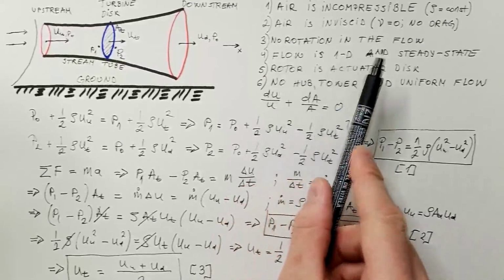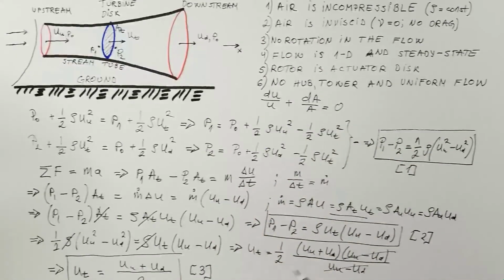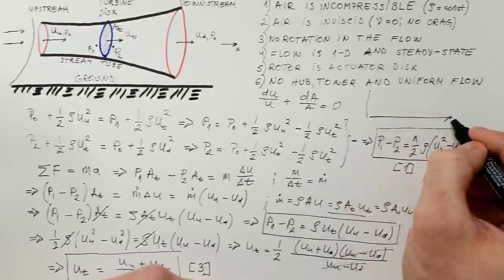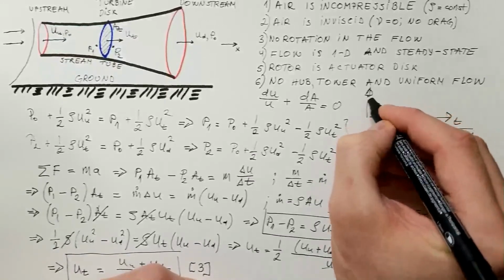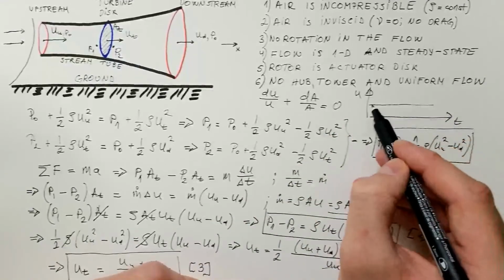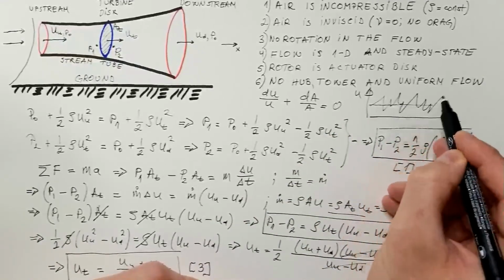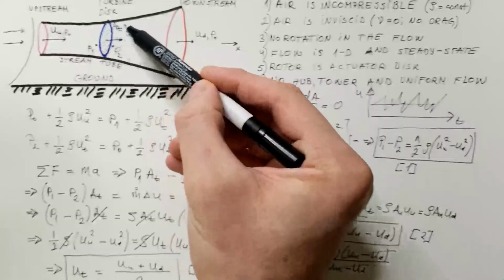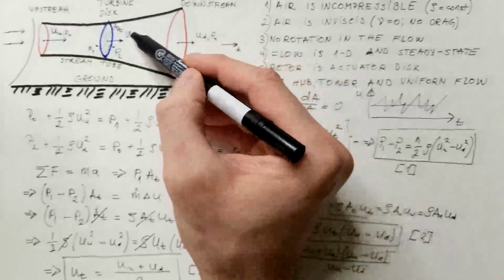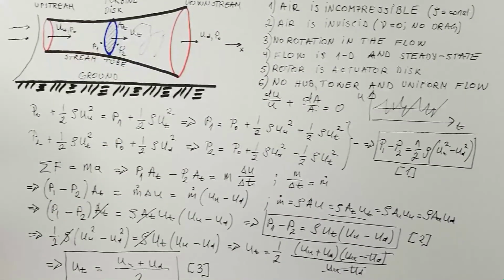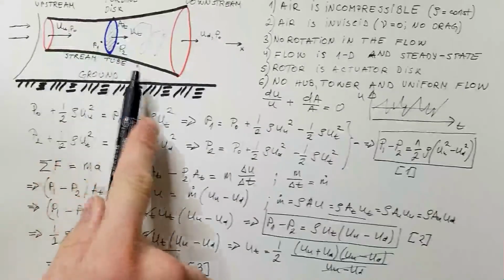Flow is not one-dimensional and steady state. In reality, if you measure wind over time, so here is time, here is wind, you are not going to get a straight line, but you will get something like this. Also, there is rotation in the flow. As the rotor is rotating, it is introducing helical flow here in the downstream section of the turbine stream tube.